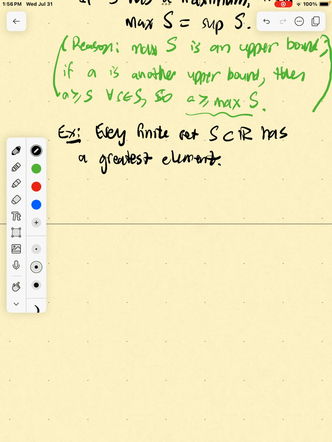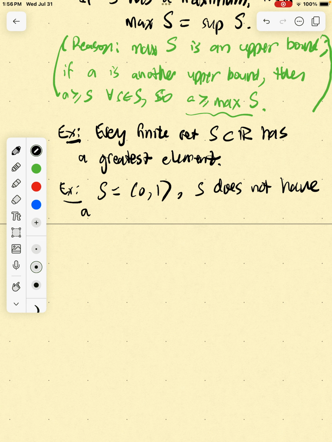But if you have something like the open interval from 0 to 1, S does not have a greatest element, because the supremum of S is 1, which is not an element of S.